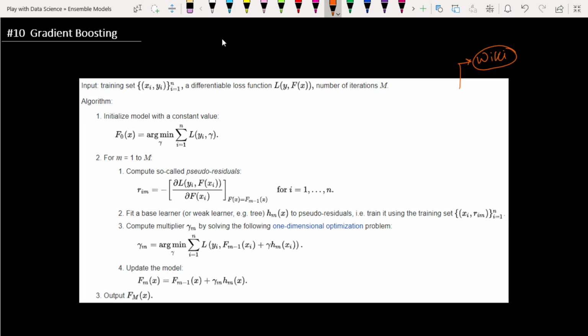We have already seen what our data set looks like in our previous lectures, when we discussed the intuition of the gradient boosting technique.